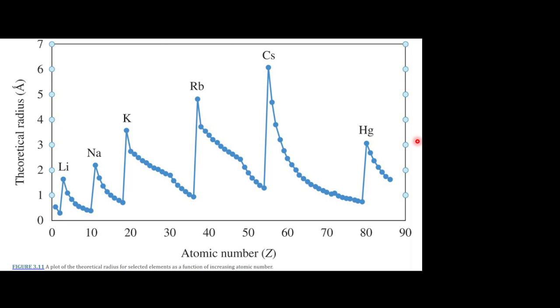Yeah, you're looking at the periodic trend, aren't you? See that? Because remember, Z is just the atomic number, right? And so we're literally seeing the periodic trend. And what we see here is the theoretical radius actually peaks at the beginning of the periodic table. And then we go down as we go along the periodic table, right?